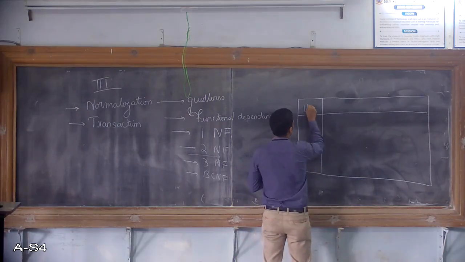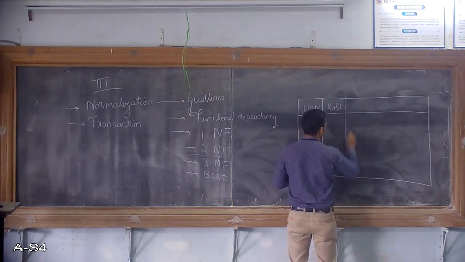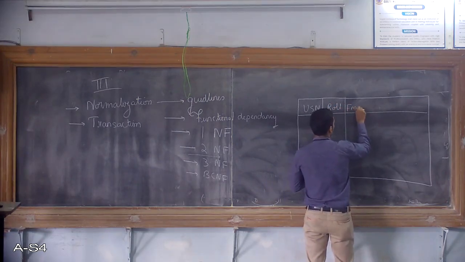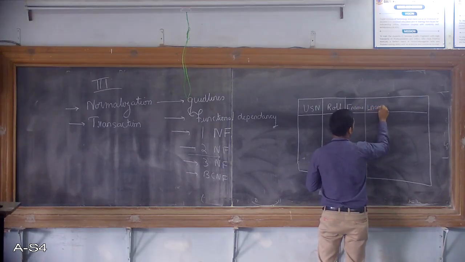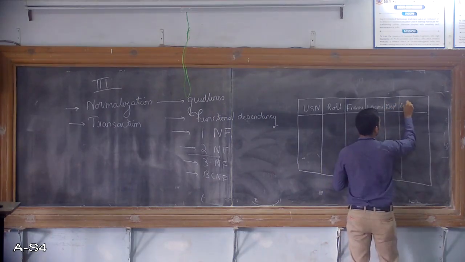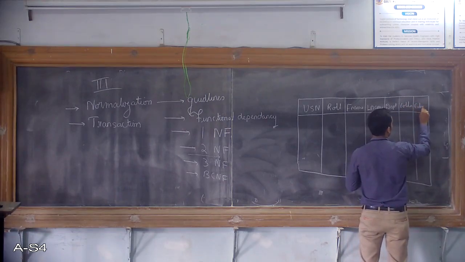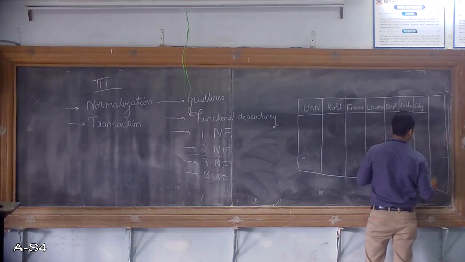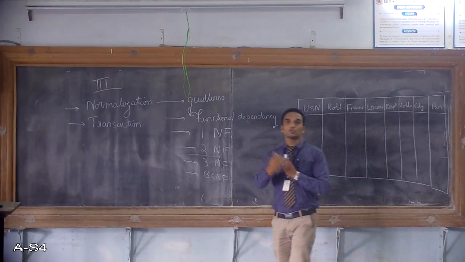We have student USN. We have roll number. We have first name, we have last name, we have his department, we have his college, we have his city, we have his PAN number, Aadhaar number, and so on.